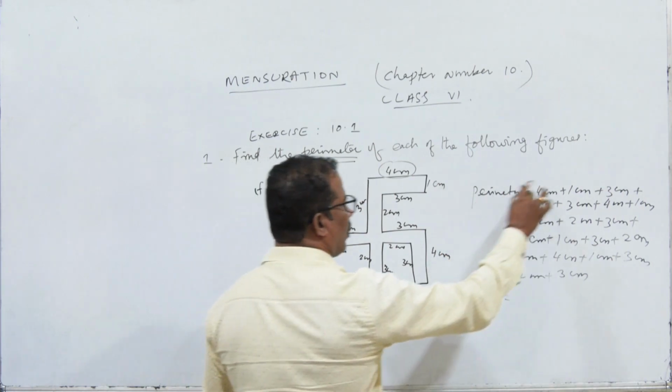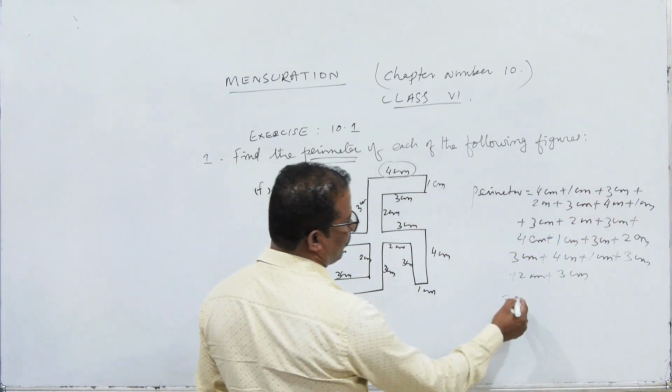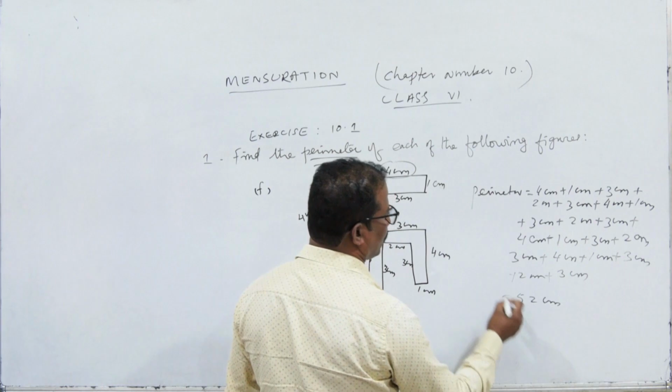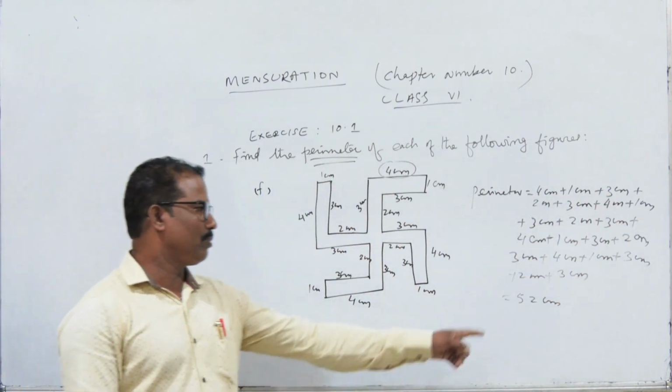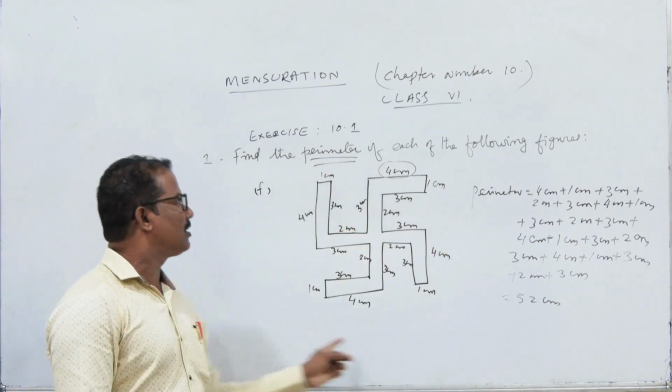So if we add all these lengths, we will get 52 centimeter. So you can add all these numbers, you will get how much? 52 centimeters. This will be the total perimeter of this figure.